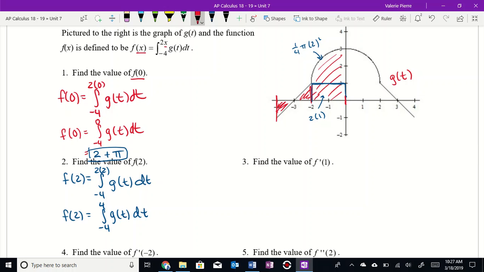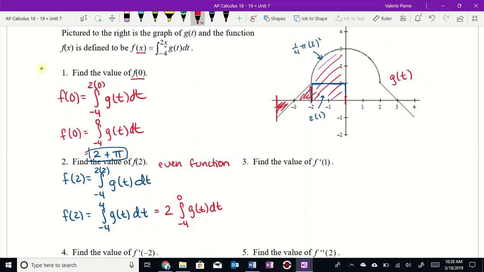Now if we look at this function, this is an even function, which tells us that this definite integral is going to be equal to 2 times the definite integral from -4 to 0 of g(t) dt. And we know that this is an even function because it is a mirror image of each other from the left and the right.